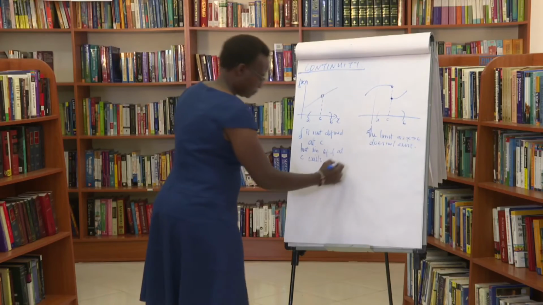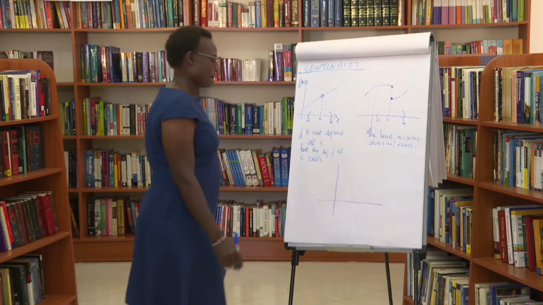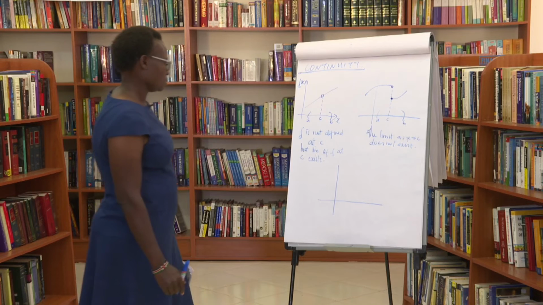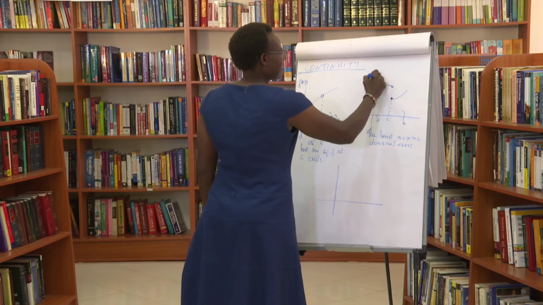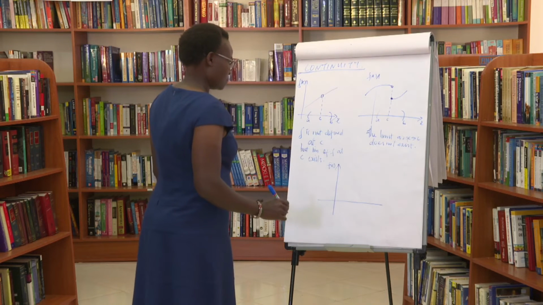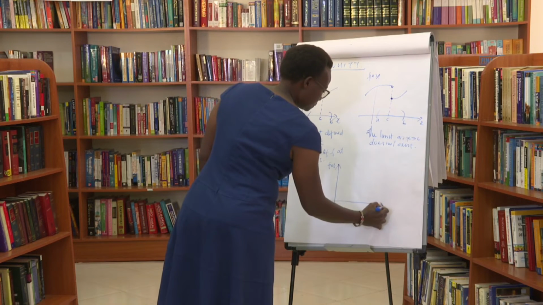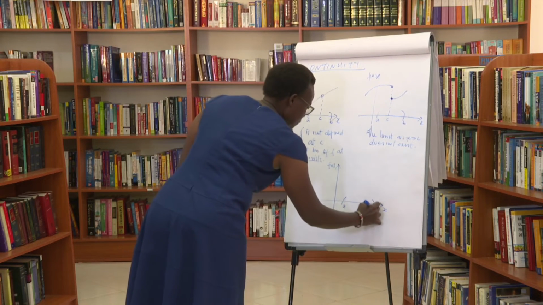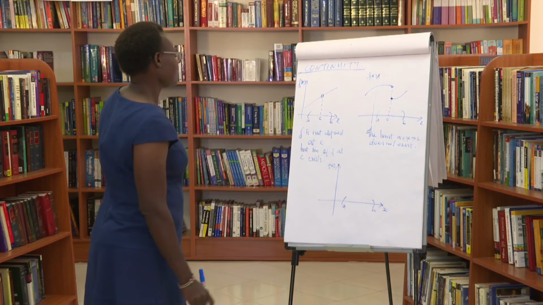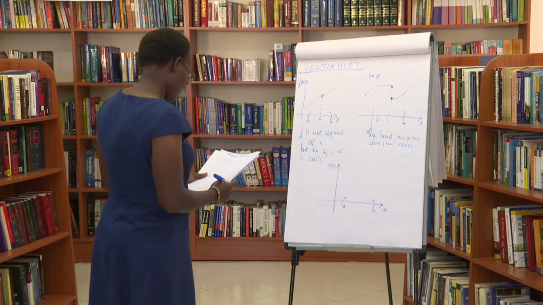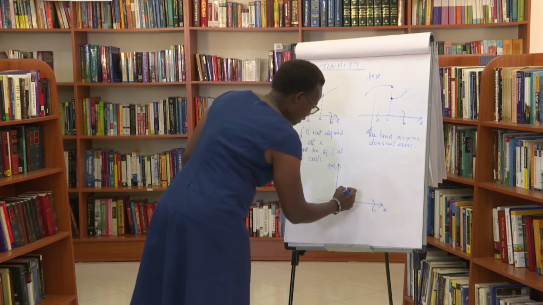Then the third one. So we still, this is our f of x, and this is our x. So we still have our interval AB, and then we have our function.